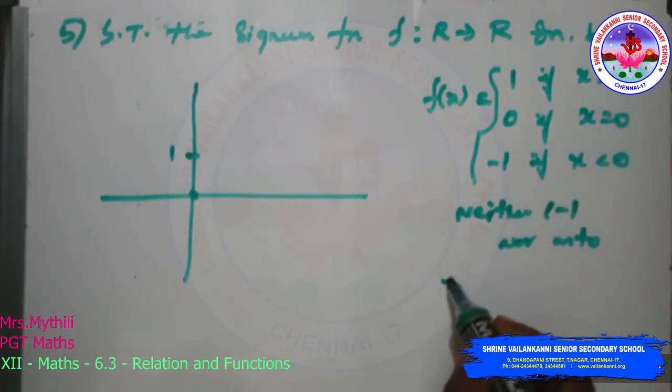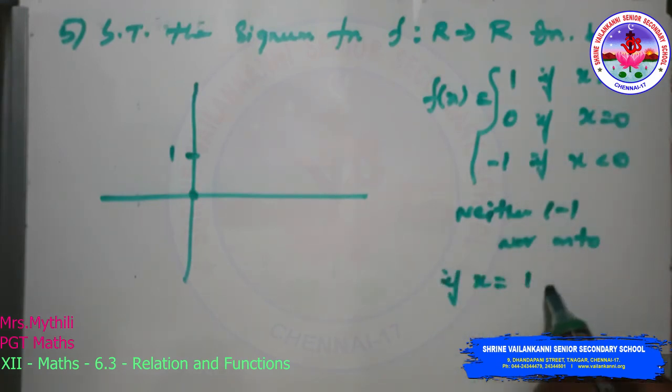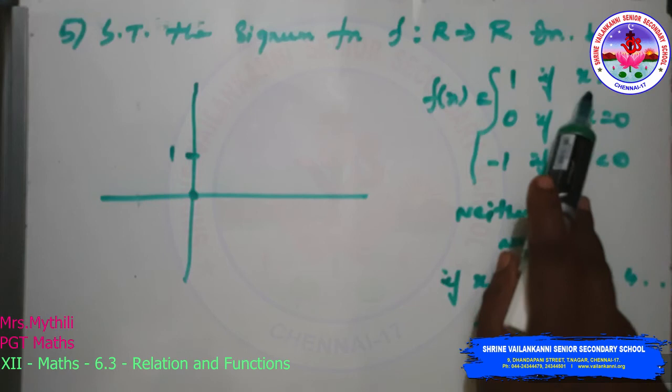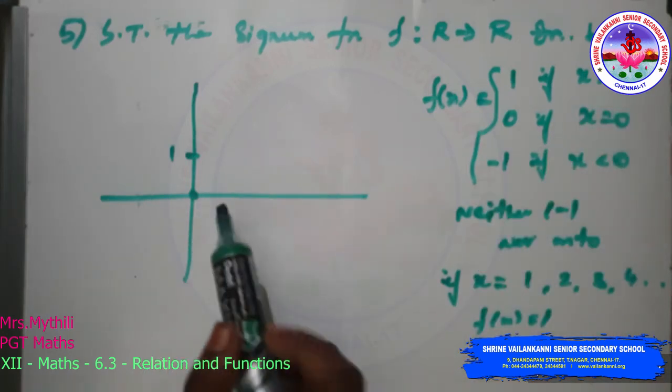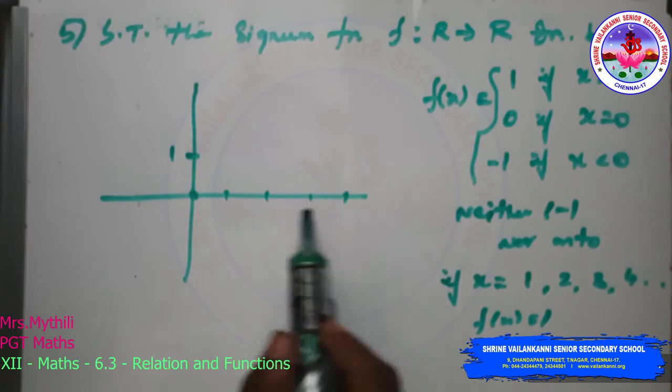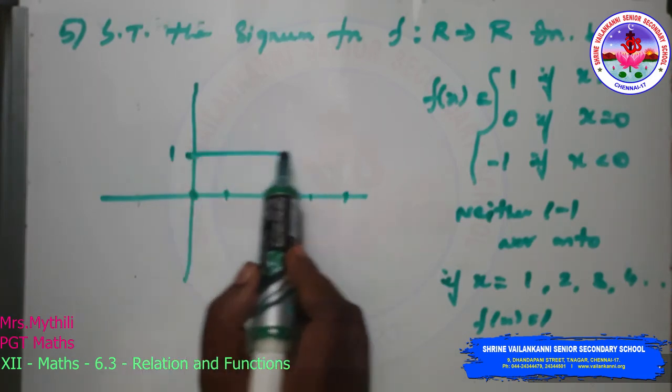Then f of x equal to 1, that is y equal to 1, if x is greater than 0. That is, if x takes positive values like 1, 2, 3, 4, etc., then f of x is 1.